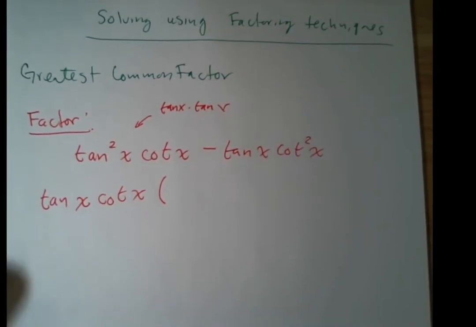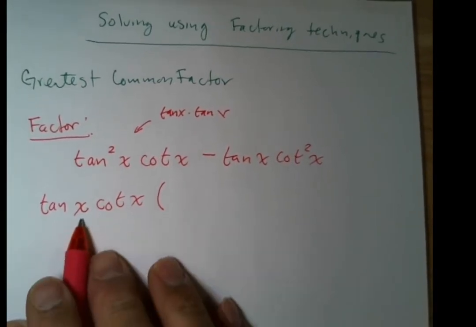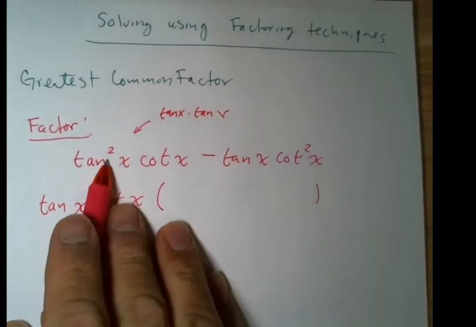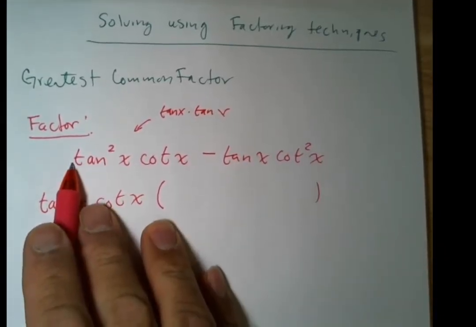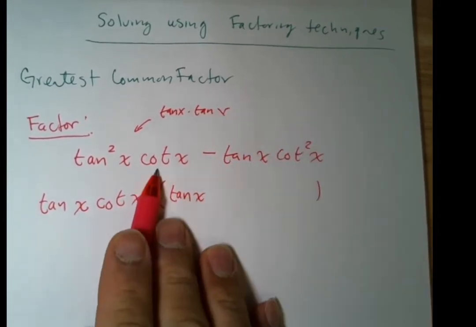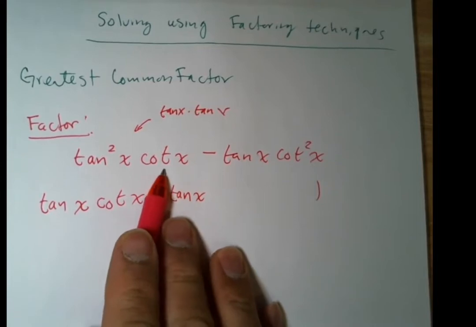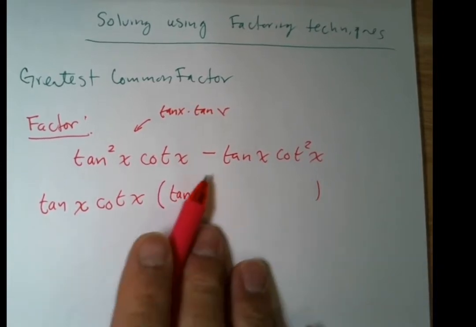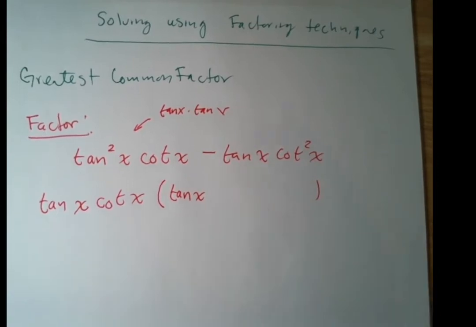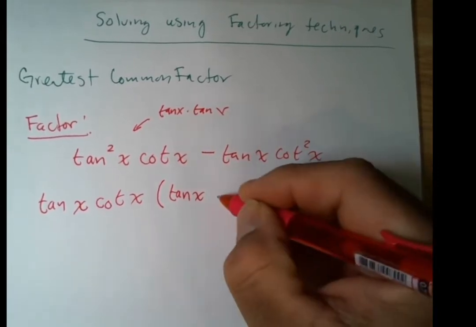So what's the resulting expression? We've taken away one of these factors, but there's still one left. We've factored out a factor of cotangent x. This one's only 1, so there's no more cotangent factor there. It becomes 1, but 1 times tangent x is simply tangent of x.